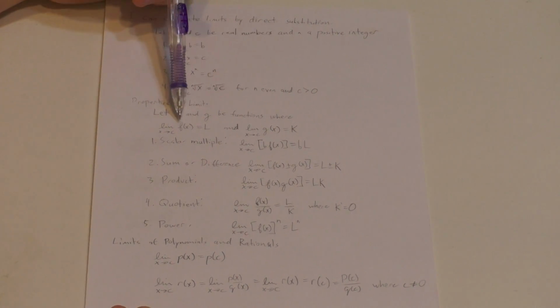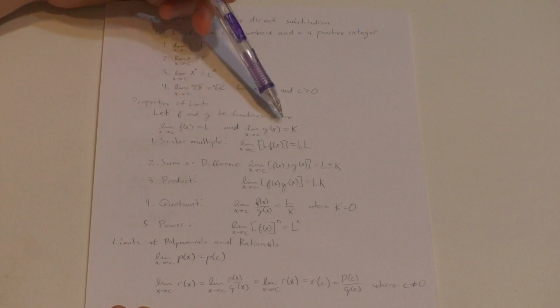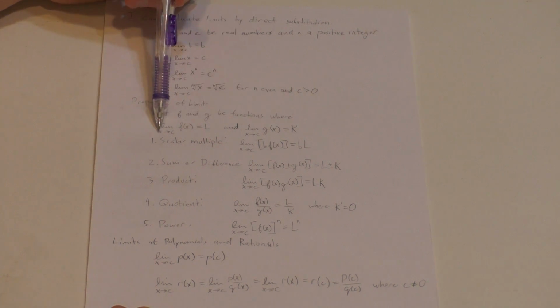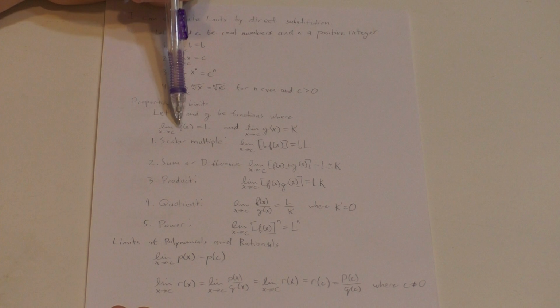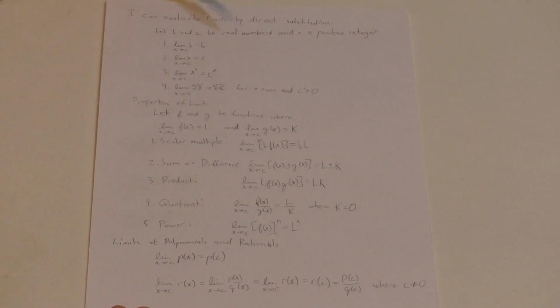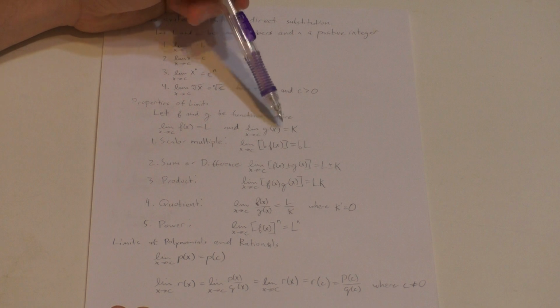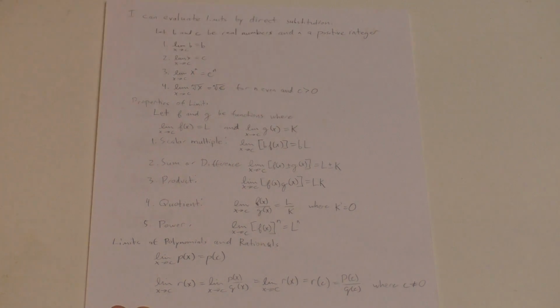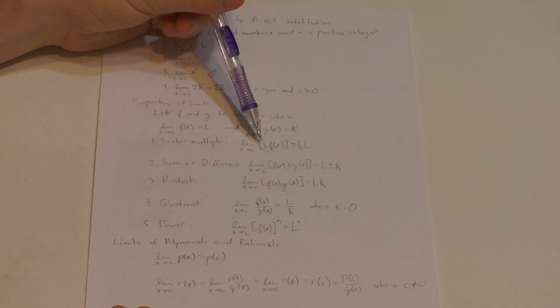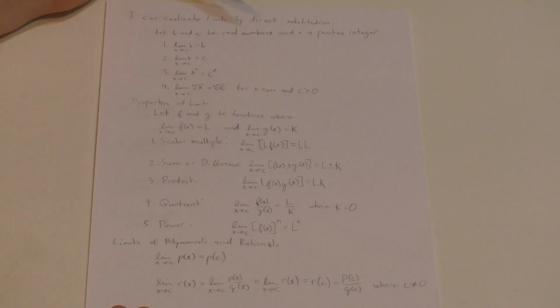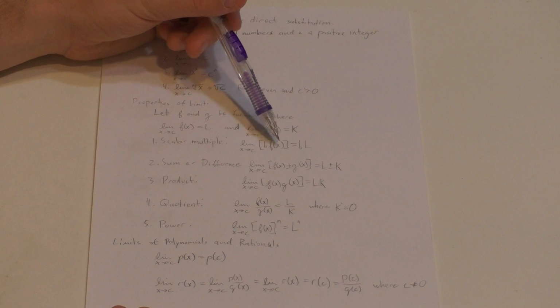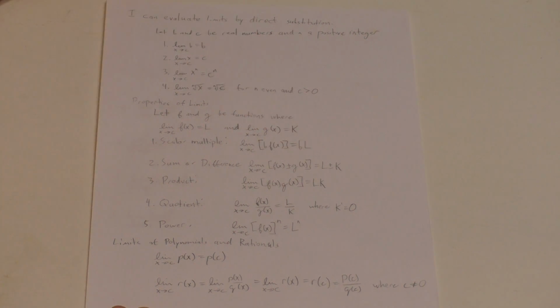If I know two limits, the limit as x approaches c of f of x equals L, a number, and the limit as x approaches c of g of x equals some number k, then we have a few rules we can generalize. If you have a scalar multiplied by the function, it's just that same scalar times the limit.